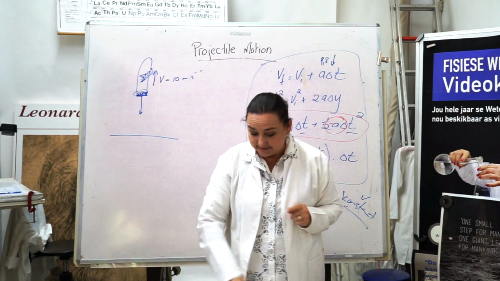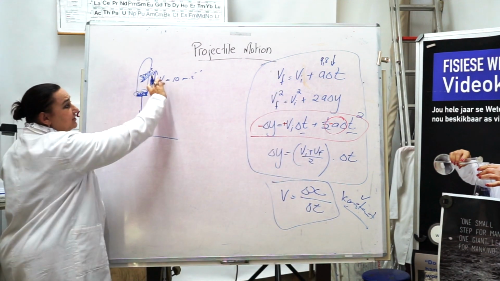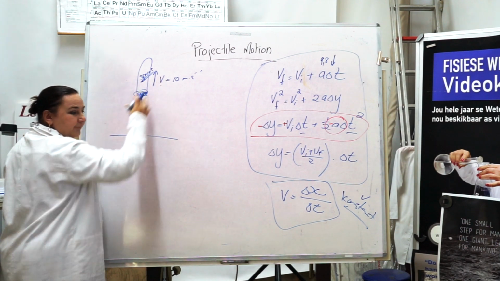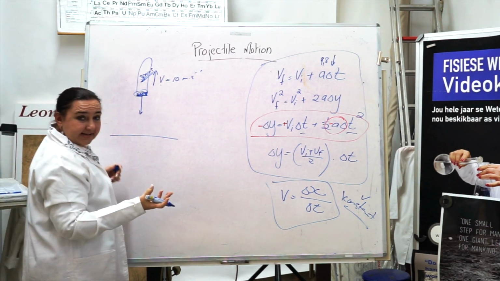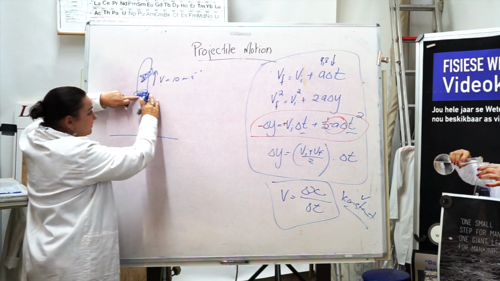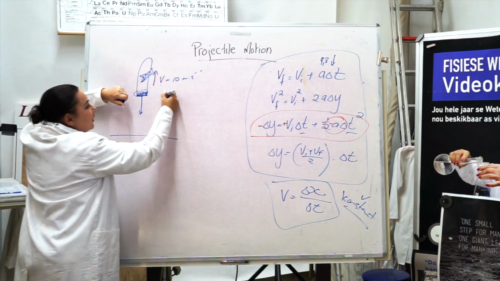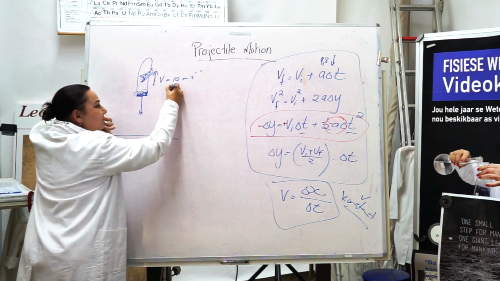No. Why? Because it's got already an initial velocity of going up, because it was part of SpaceX. Alright? So as it is part of my spaceship, it's also moving at a speed of 10 meters per second upwards.